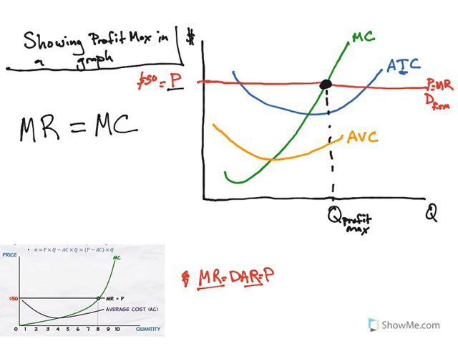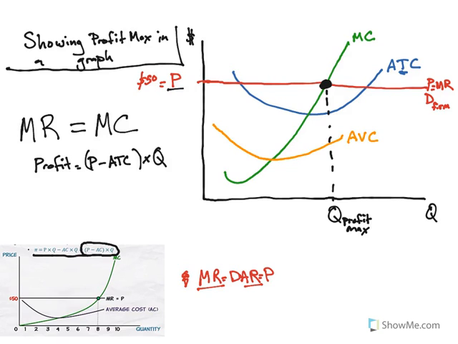Now, in the video, they pointed out that we can see this visually on the graph pretty easily. Profit is equal to price minus average total cost, and all of that multiplied by your quantity.